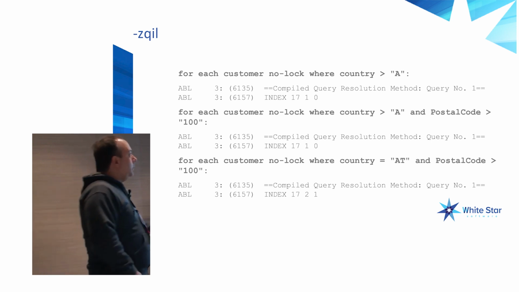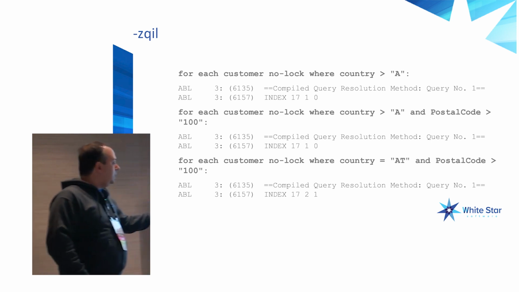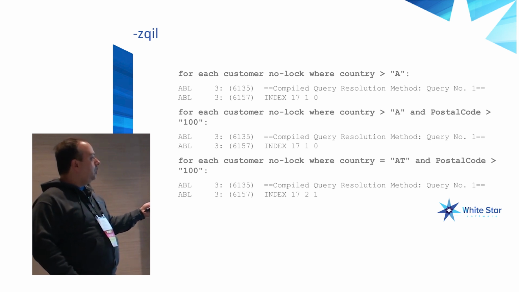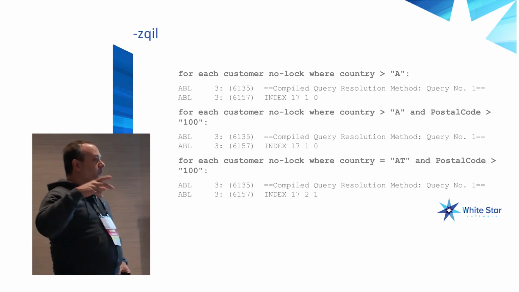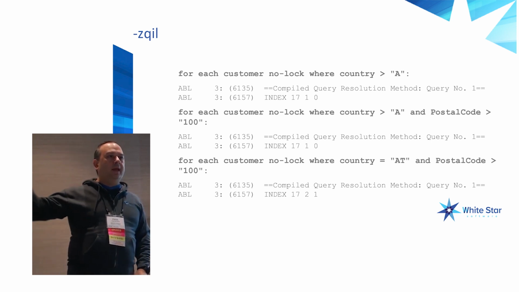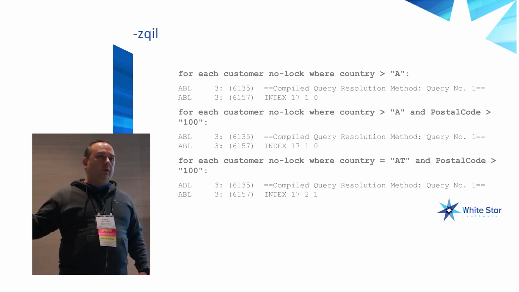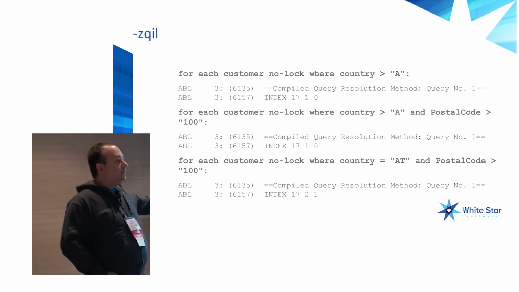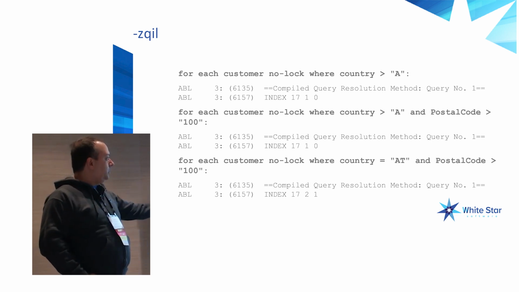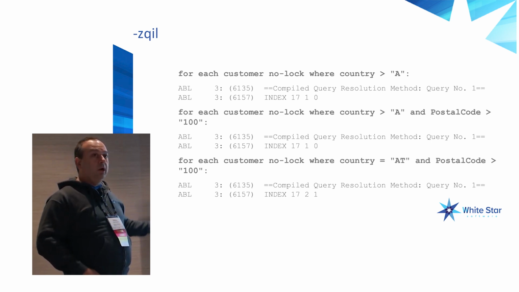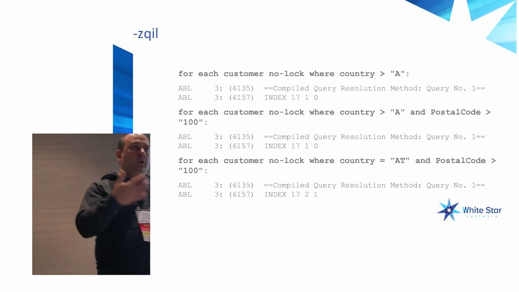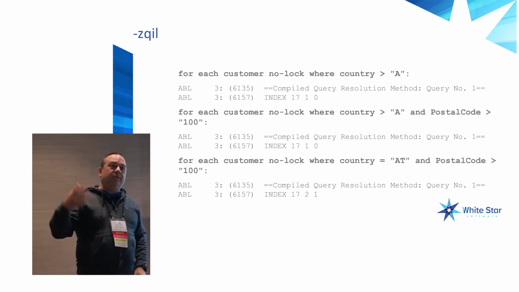Well, this second query here is equivalent to saying for each customer no lock where country is greater than A, colon, if postal code is less than 100, then next, right? That's the equivalent of this query. Since the postal code side of things is not being resolved at the index level, it means that your 4GL code, your AVM, is actually filtering that.